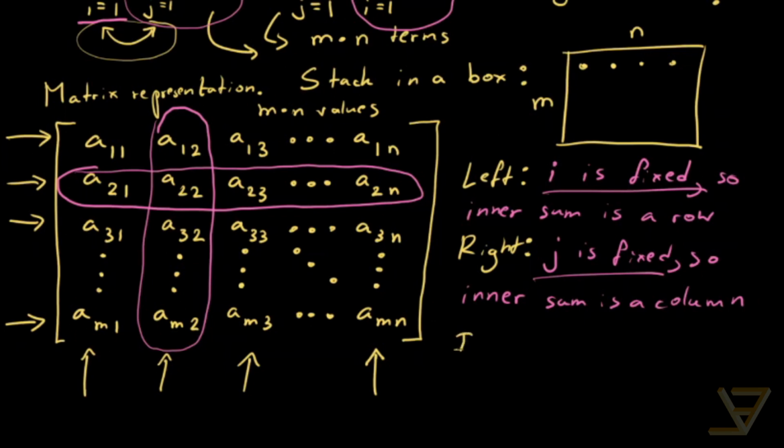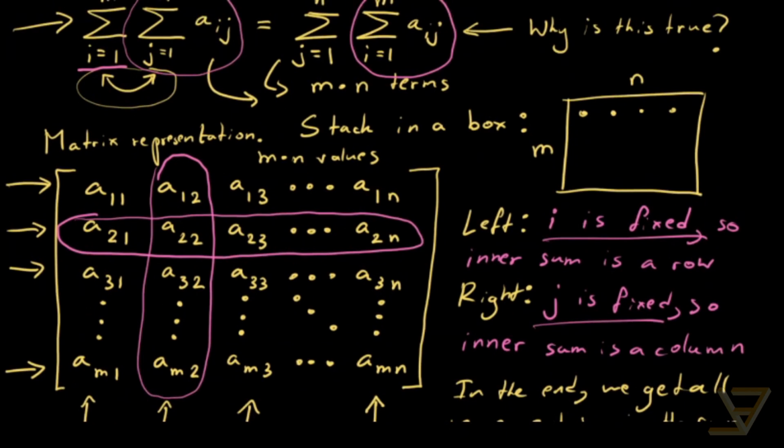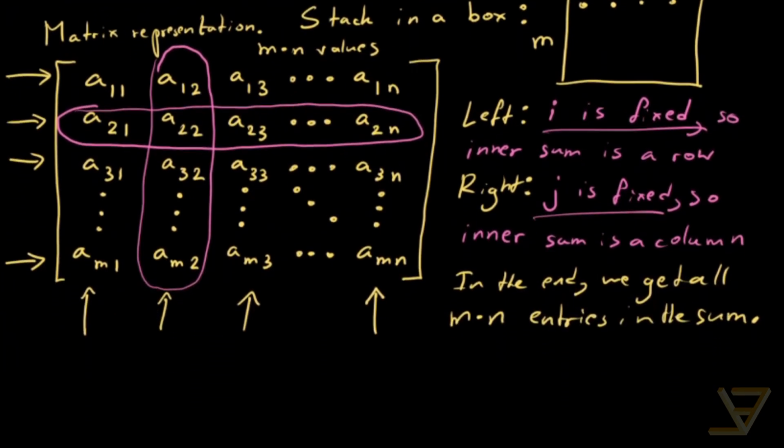In the end, we get all m times n entries in the sum. One is a matter of adding up rows, and the other is a matter of adding up columns. And this is the essential idea behind the discrete Fubini's principle.